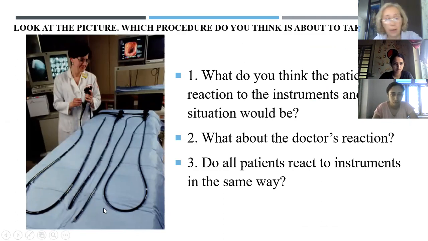Let us listen to Asna. Ma'am? Yes, please. Can you answer this question? This instrument is, I think, endoscopy. And when the patient sees it the first time, they will be shocked.